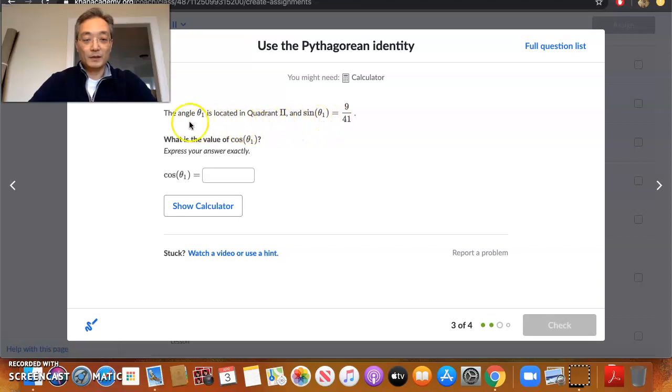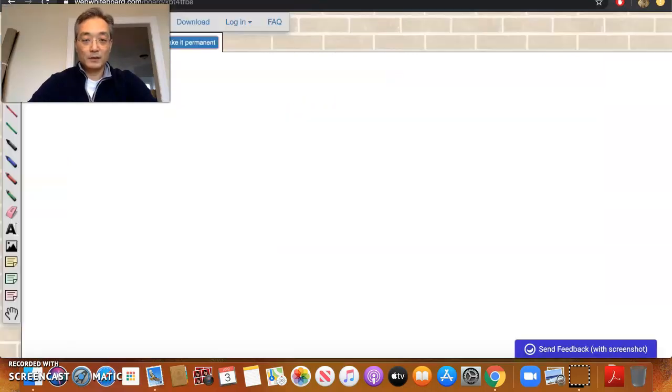We've got angle theta 1 in quadrant 2, and the sine of theta 1 is 9 over 41. Okay, so let me just quickly write that. We have theta 1 in Q2, and the sine of theta 1 is equal to 9 over 41.